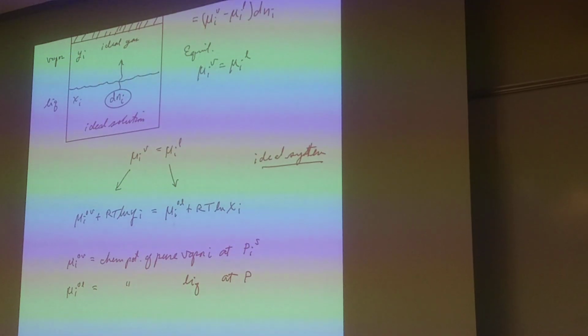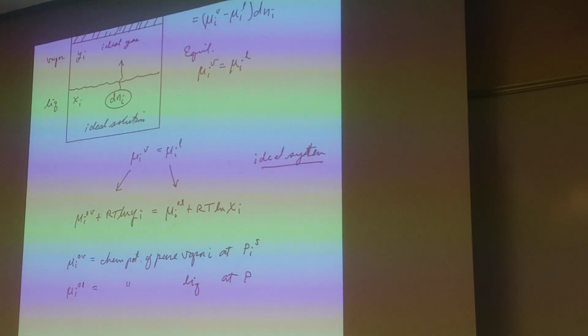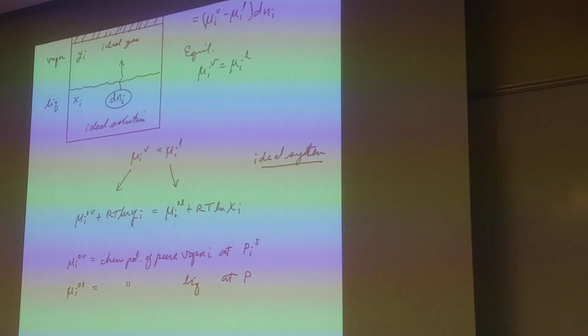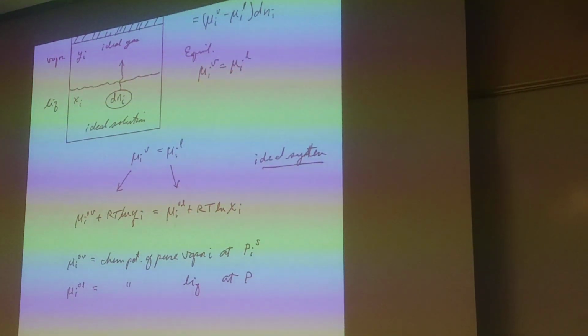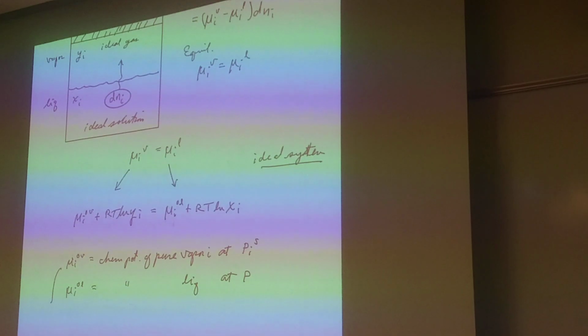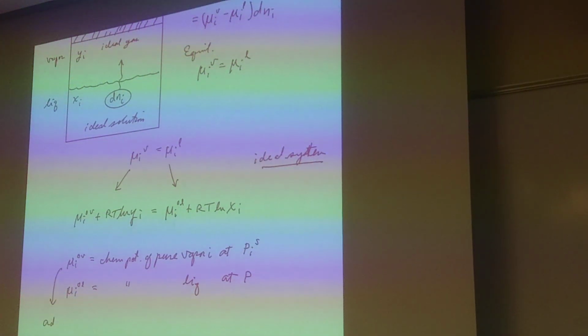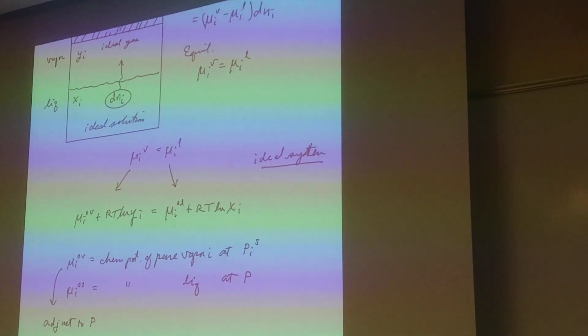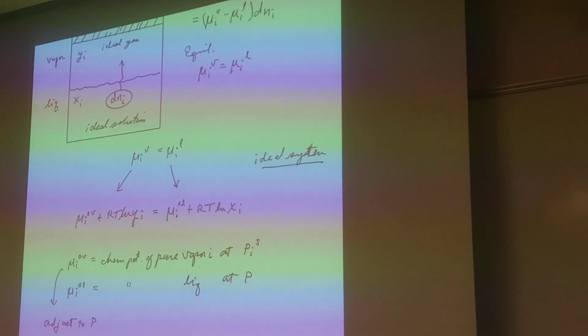And in order to be able to ultimately cancel them out, because they don't refer to equilibrium of the pure component, I need to adjust the pressure of this vapor phase from PIS to the actual pressure of the system. So let's take a look at that.